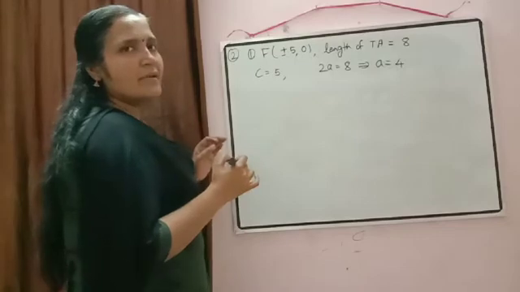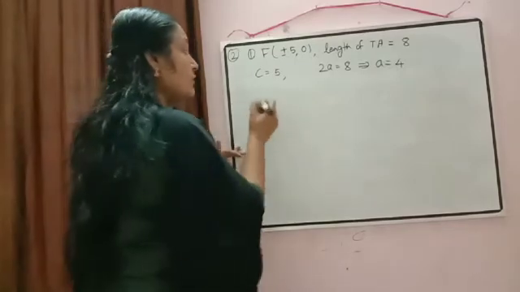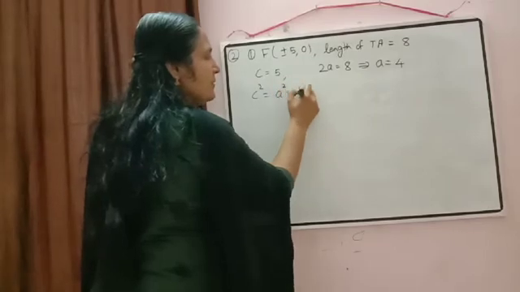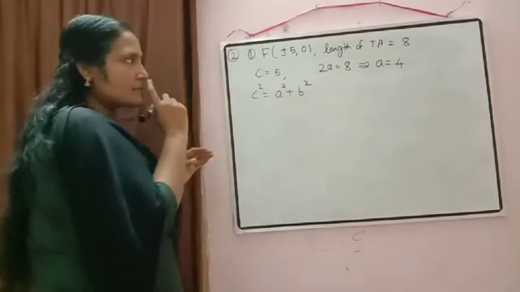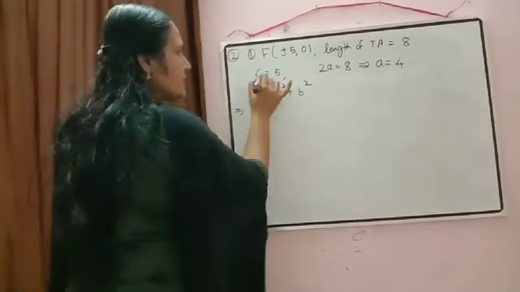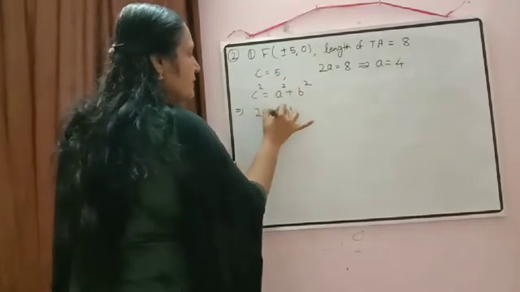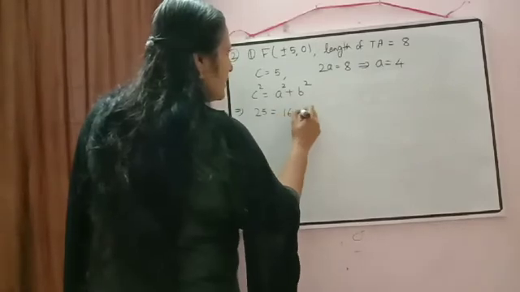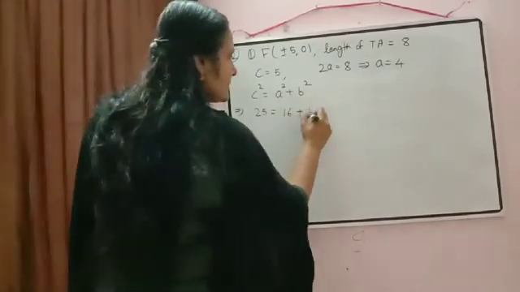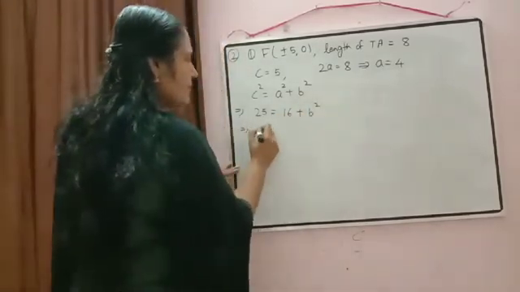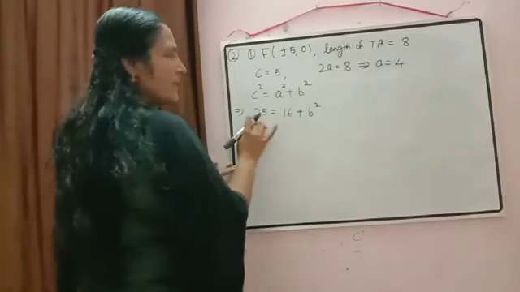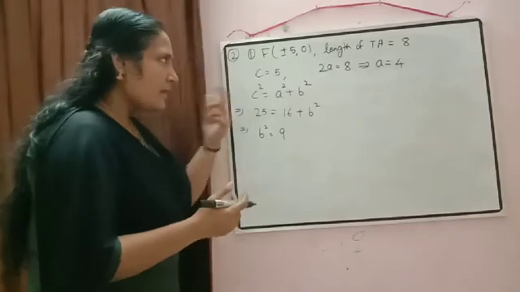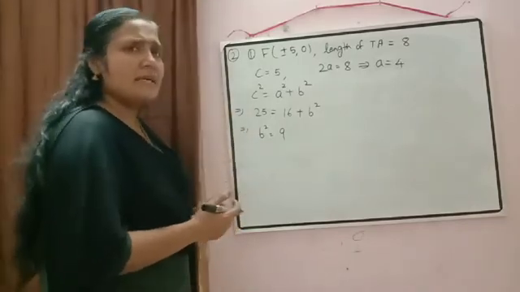Now we need the value of b square. And what is the relation? Yes, c square is equal to a square plus b square. Substitute here. c square is 25 is equal to a square, which is 16, plus b square. Then what will be the value of b square? 25 minus 16 will be equal to 9. So we have the values of a square and b square.